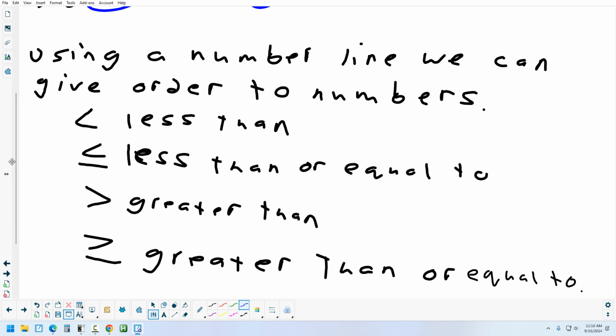Okay, so those are our 4 inequality symbols, and those are symbols that you use to compare one number to another number.